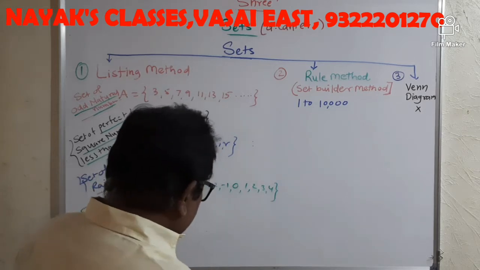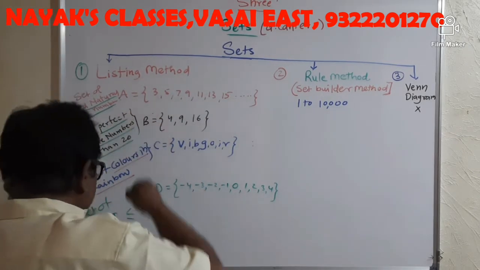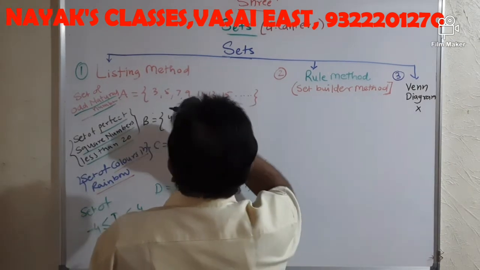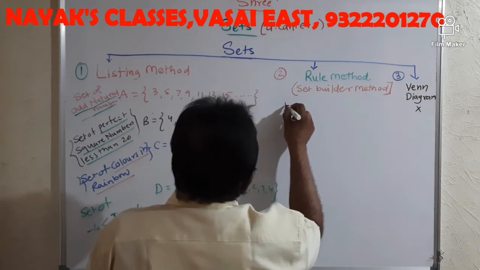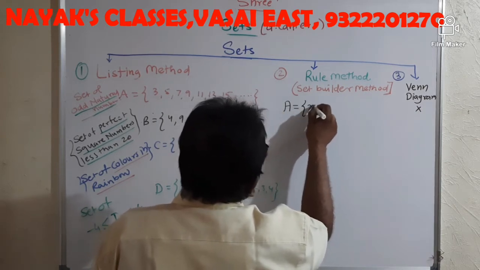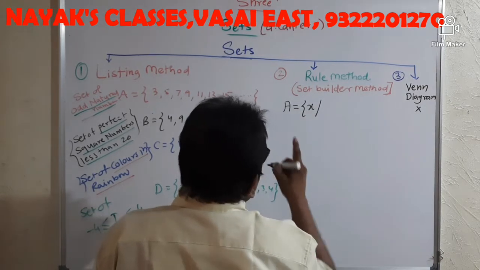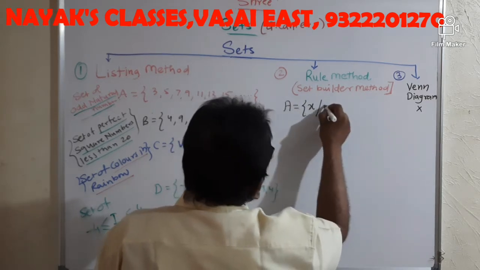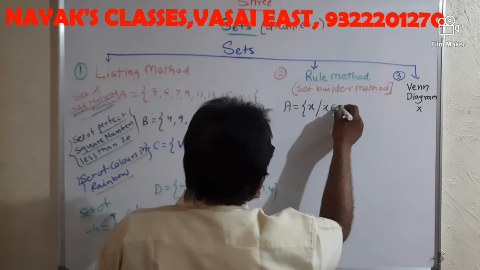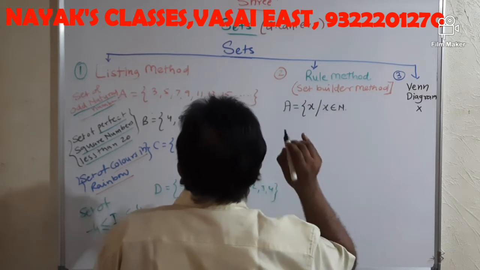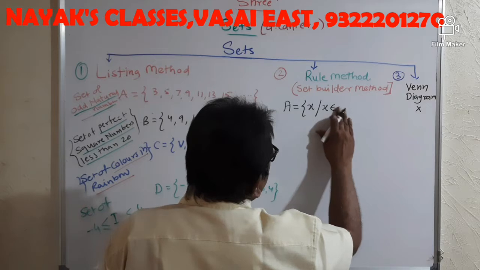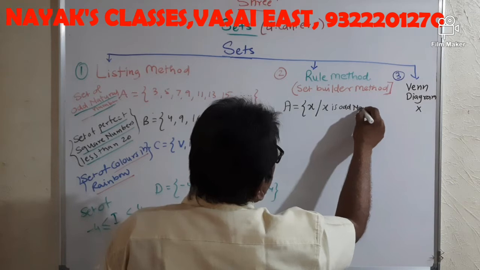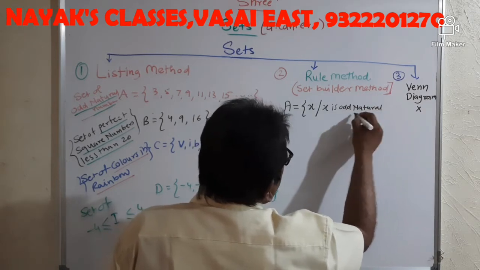What is the rule? The same set I am writing in rule method. A is the set of all x such that x belongs to natural numbers, x is an odd natural number.